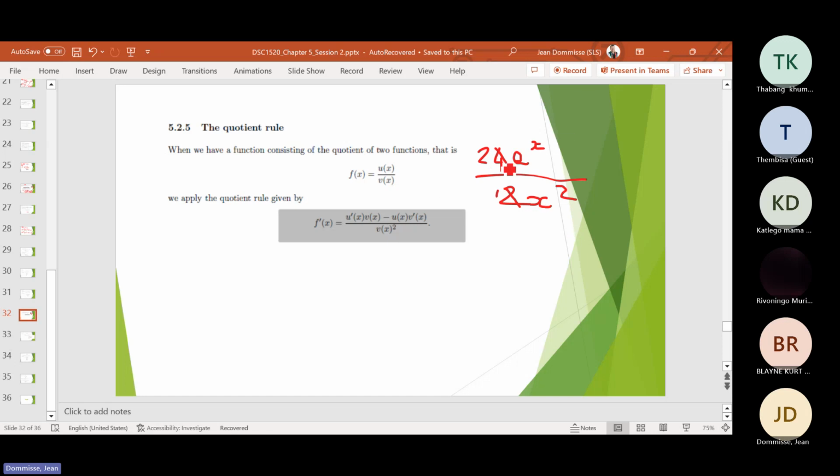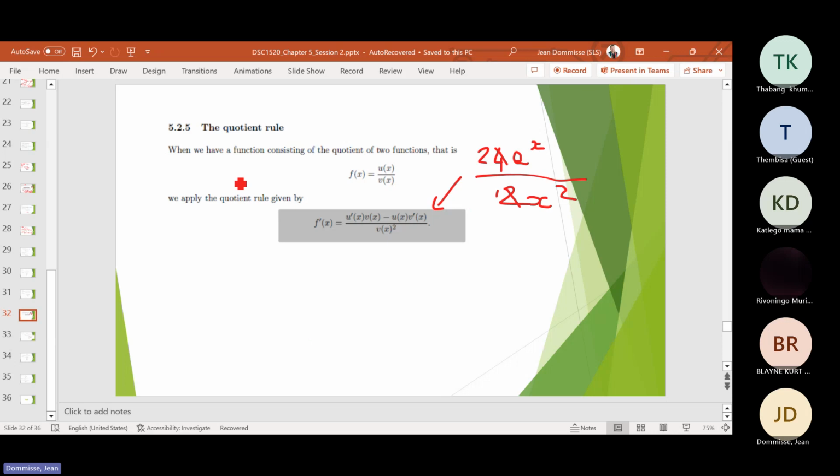But now I don't know what to do next. So then you use the quotient rule, because again, you can't use the power rule. You can't use the chain rule because it's not something multiplied by something. The only thing you can basically do is to say, okay, we need to use the quotient rule.